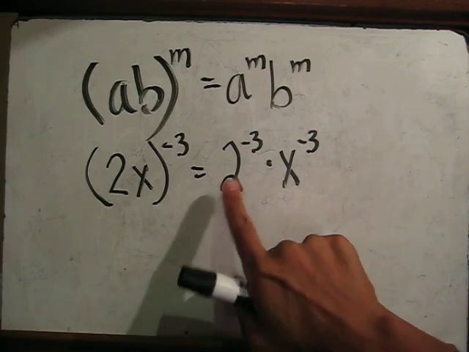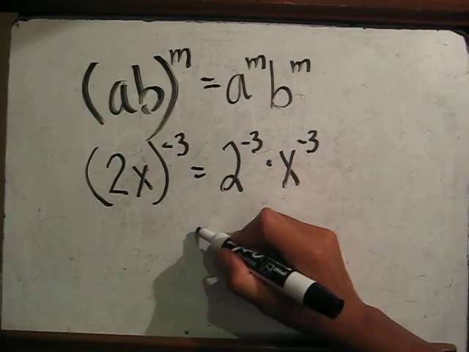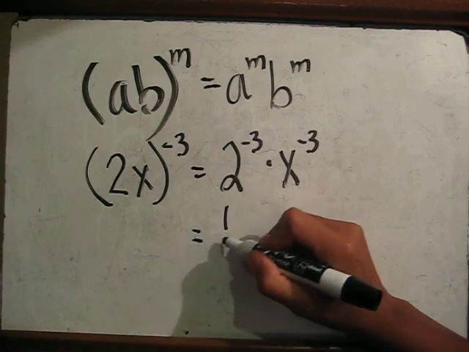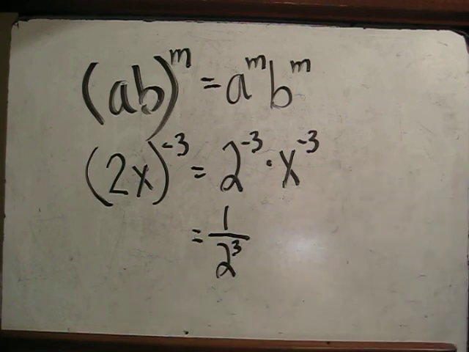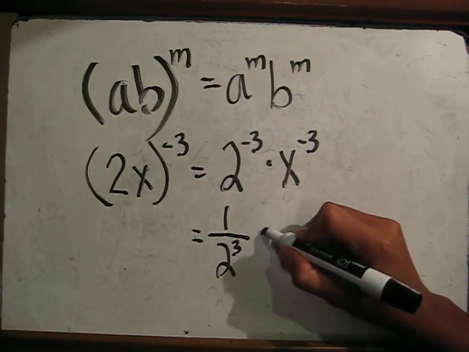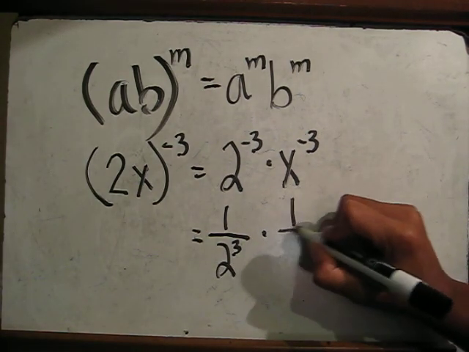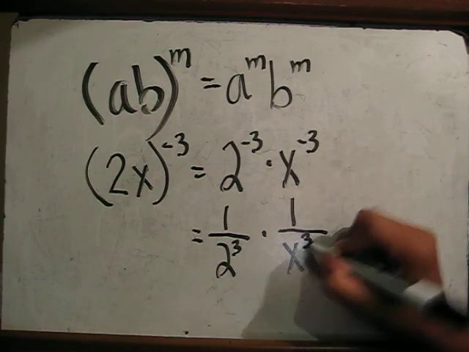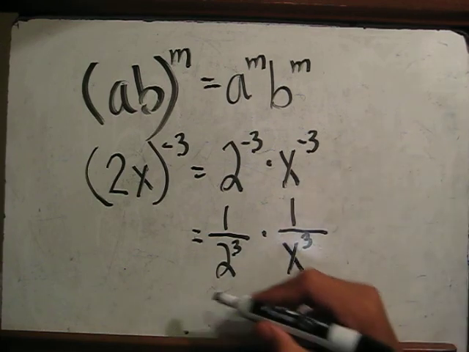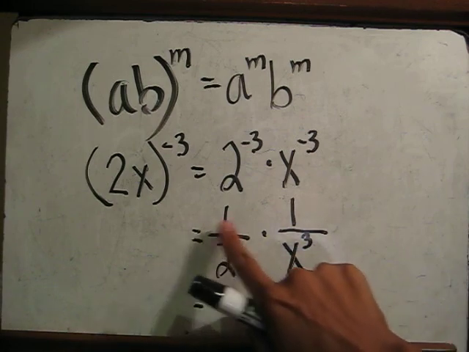For 2 to the negative 3rd power, remember we don't want a negative, so it's 1 over 2 to the 3rd, times 1 over x to the 3rd power. And we can keep going, we can multiply here.